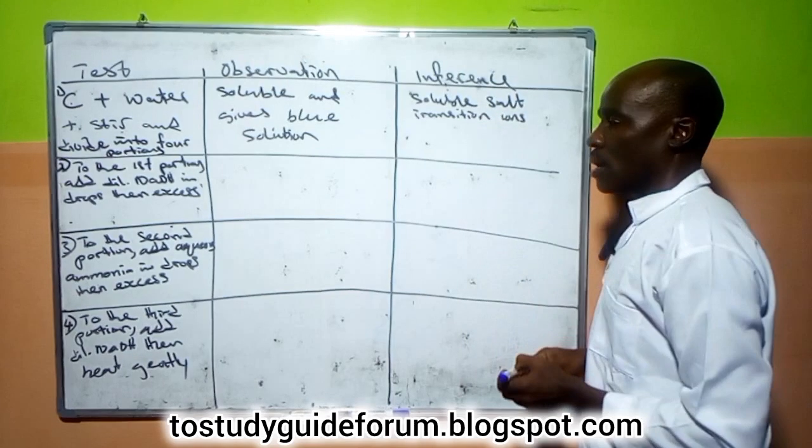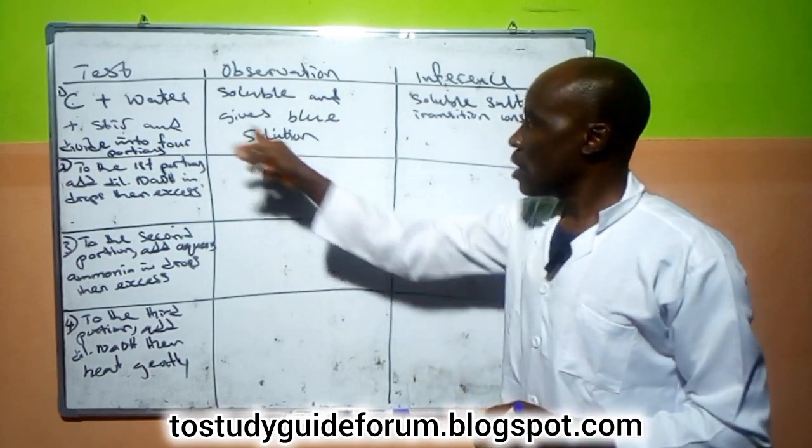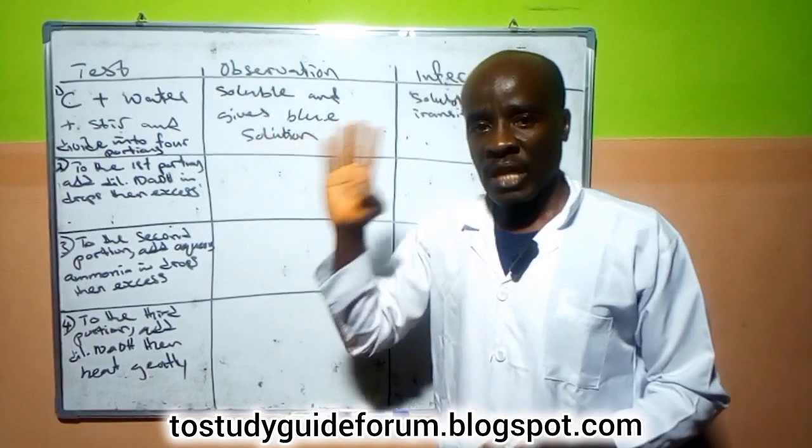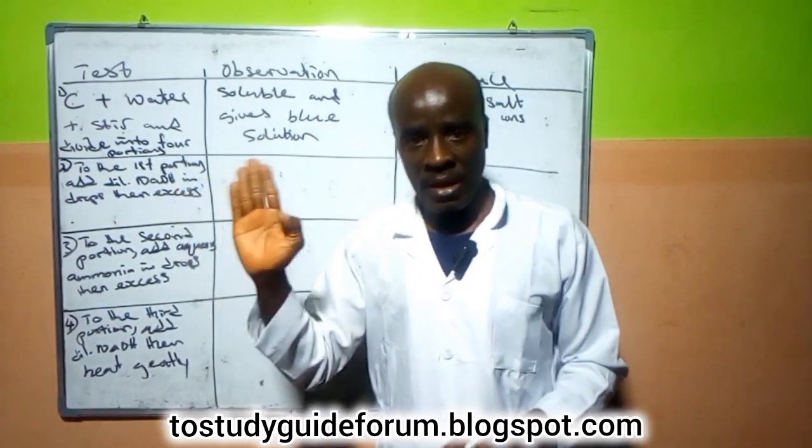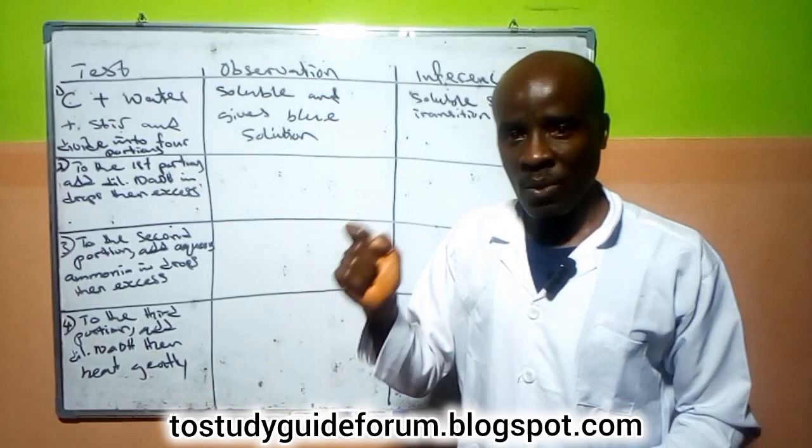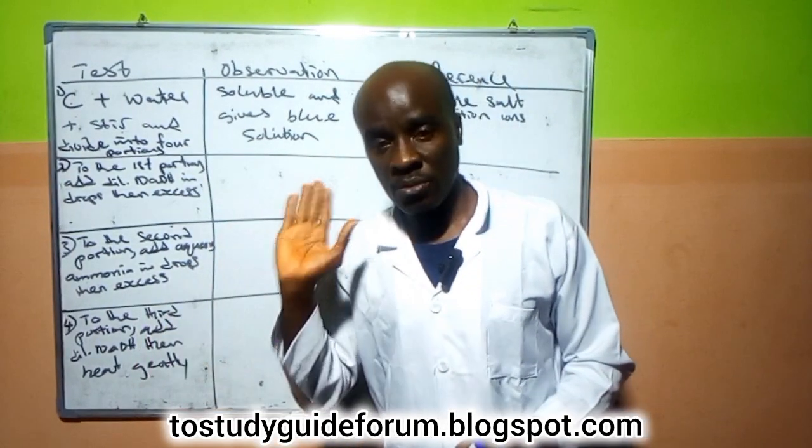And then another thing there, because I'm sure that they will give you the kind of salt you have, which is organic and inorganic, the compound must be stated clearly.